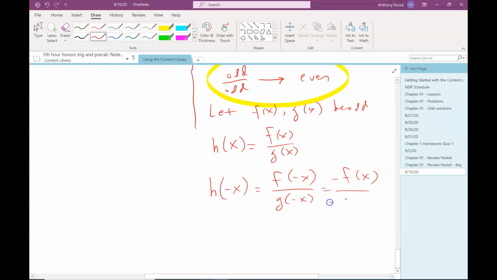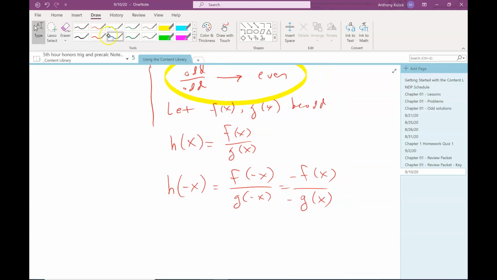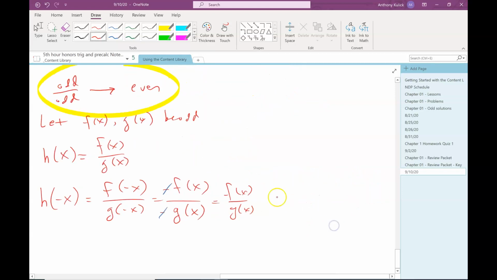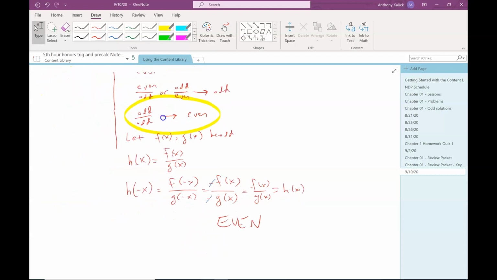And likewise, g of negative x is just negative g of x, right? And the negative signs are going to cancel, and we're left with our original h of x, which is our definition for even. So odd over odd should be giving us even.